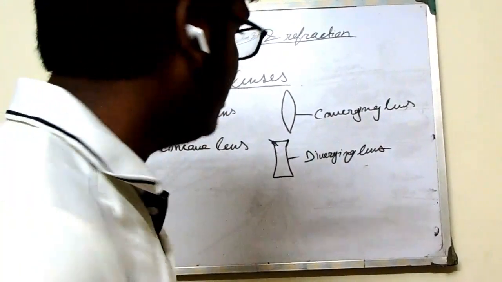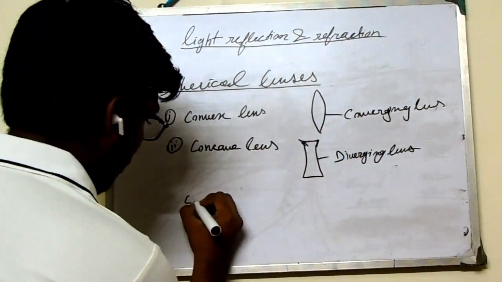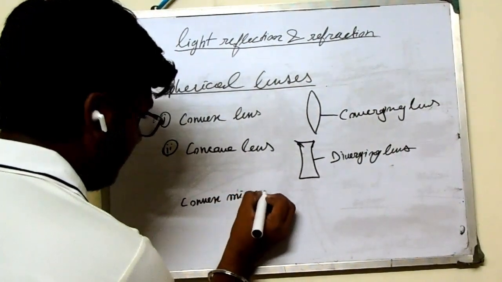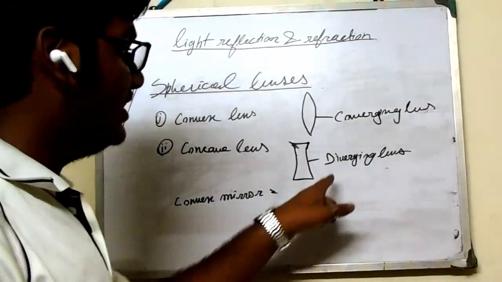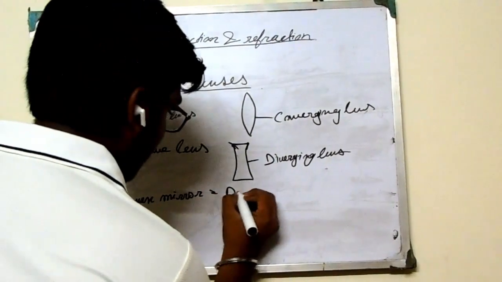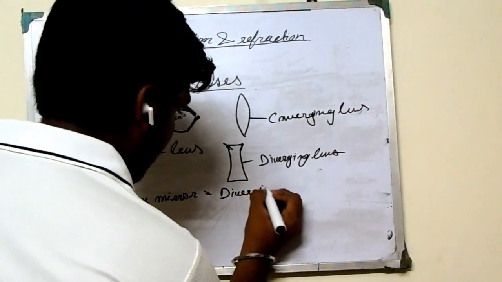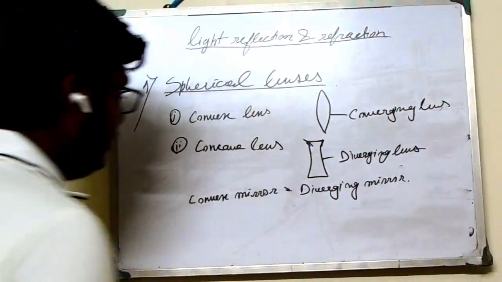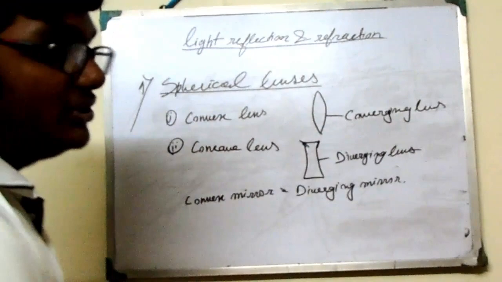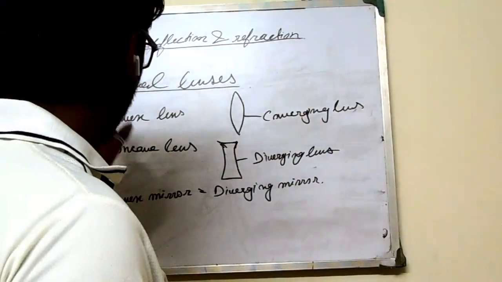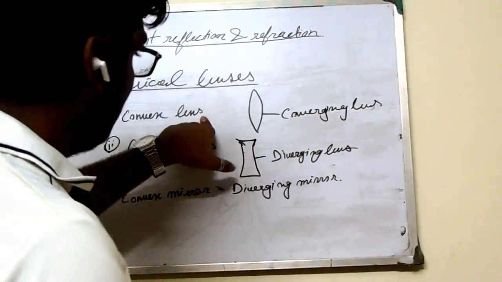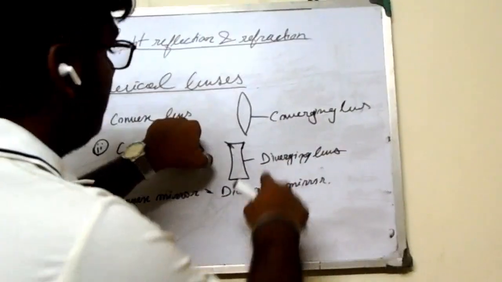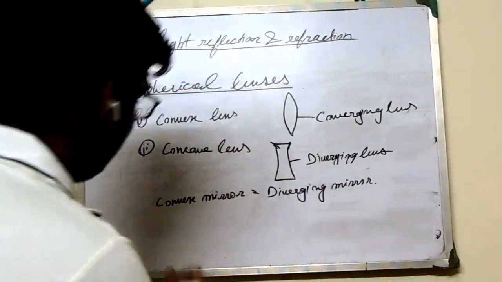But in the case of mirror, convex mirror is known as diverging mirror. It gets opposite.